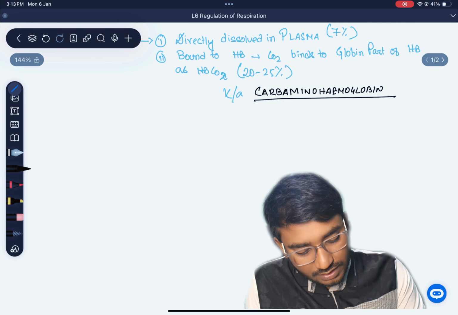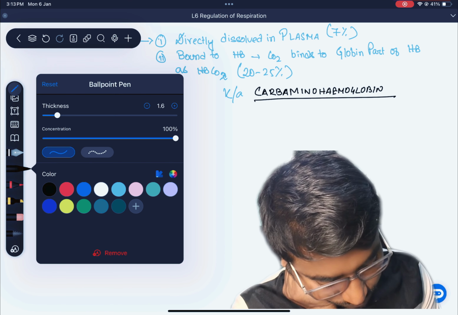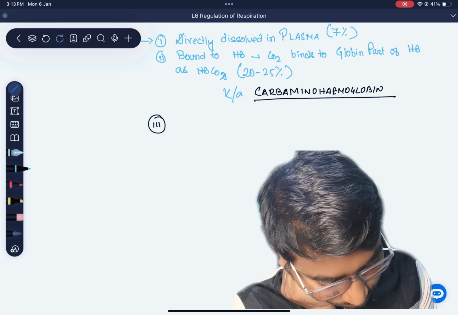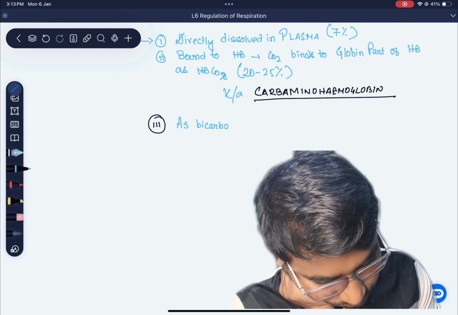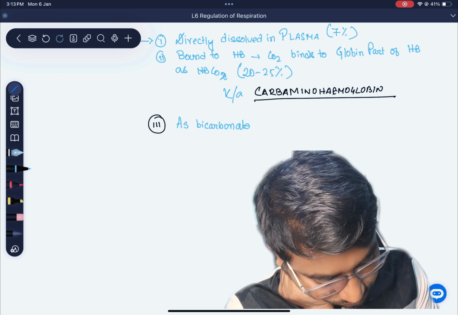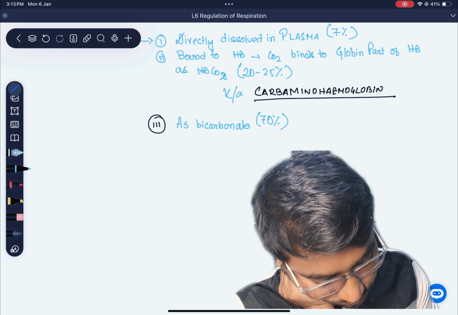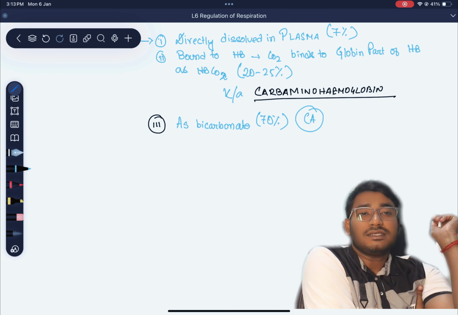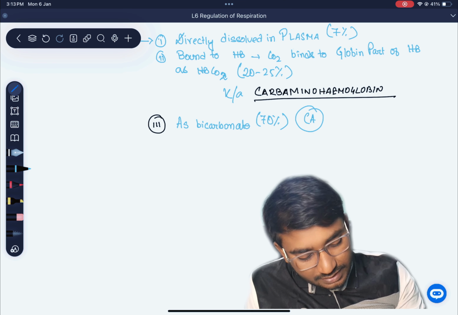And third, as bicarbonate, it is 70%, transported as bicarbonate through carbonic anhydrase.